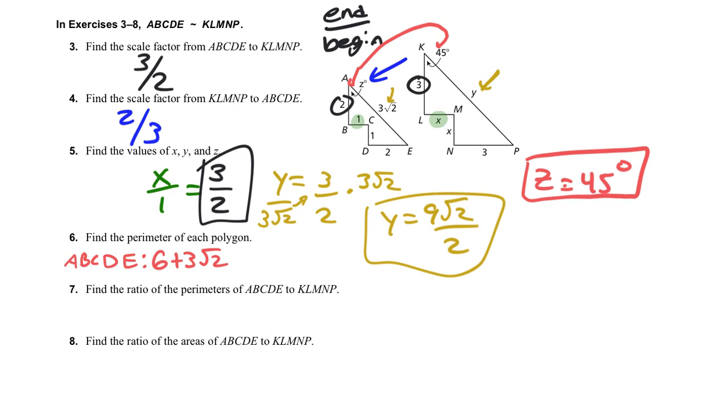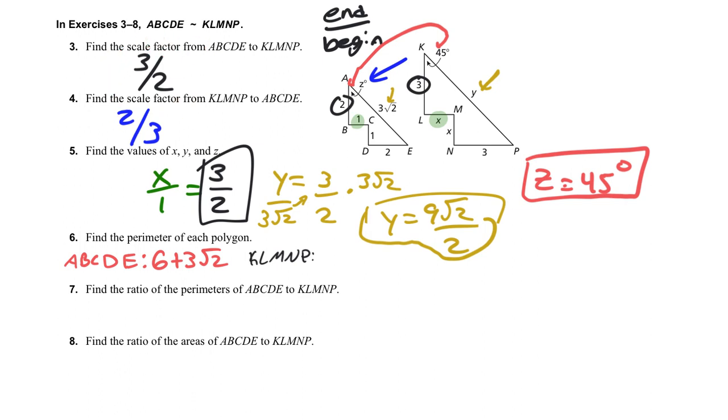Now, if I want to find K, L, M, N, P, what I can do is look at my scale factor now. So I'm going to do a little bit of erasing to not take up too much extra space here. Notice if I want to go from my small shape, which is A, B, C, D, E, to K, L, M, N, P, this up here in question 3, so if I go from the smaller to the bigger, I'm going to have a scale factor of 3/2.